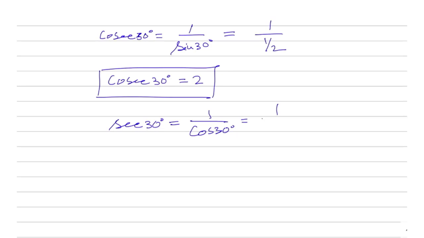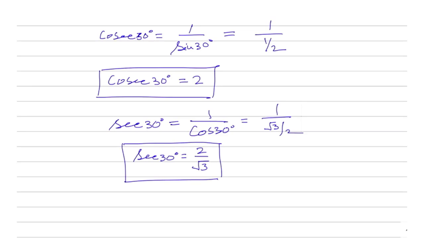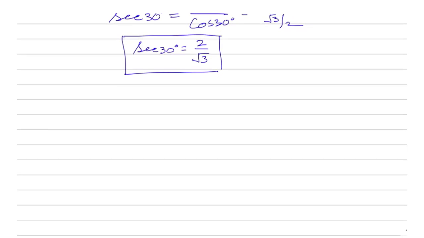Therefore, 1 upon root 3 by 2, so sec 30 degree is equal to 2 upon root 3. And cot 30 degree is equal to 1 upon tan 30 degree. And tan 30 degree is 1 upon root 3. So we have cot 30 degree is equal to root 3.